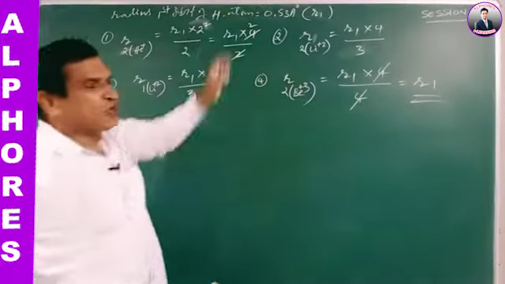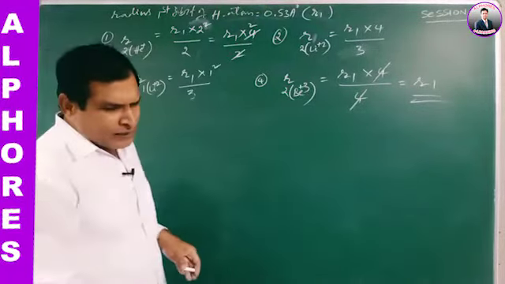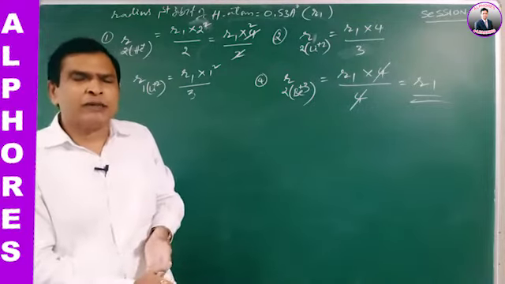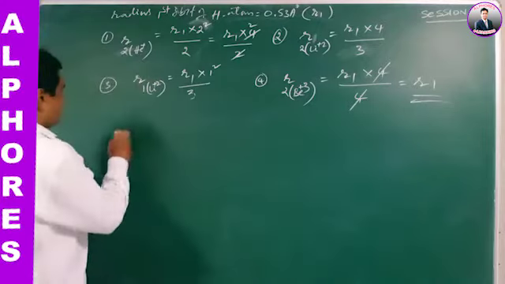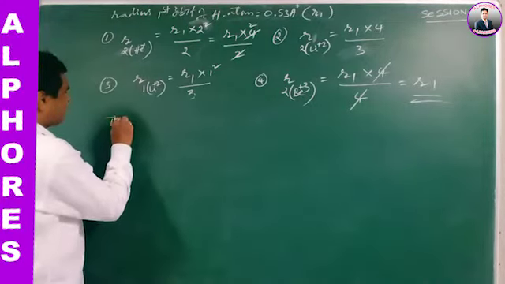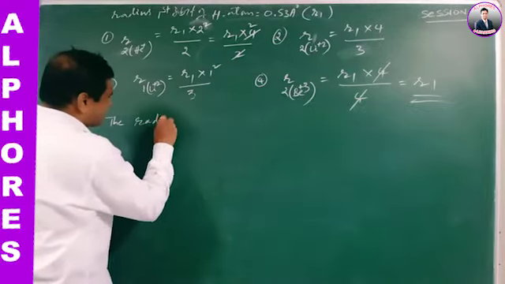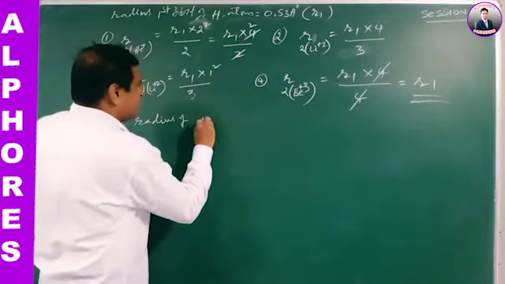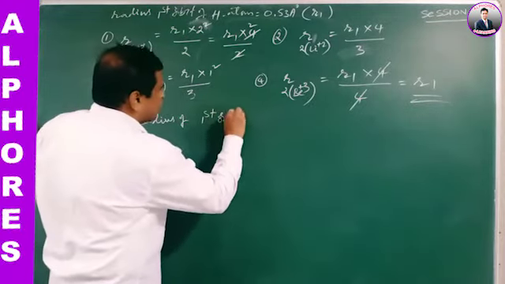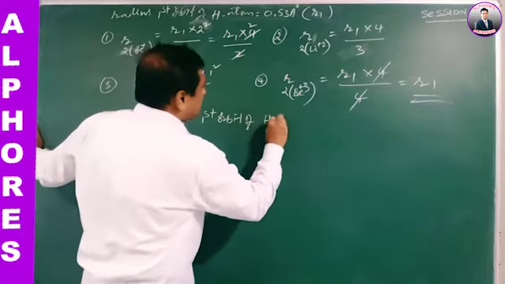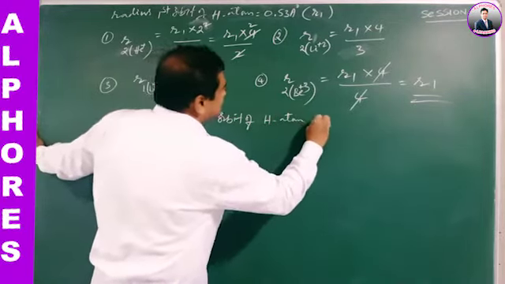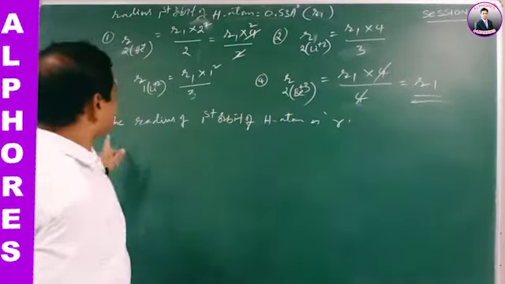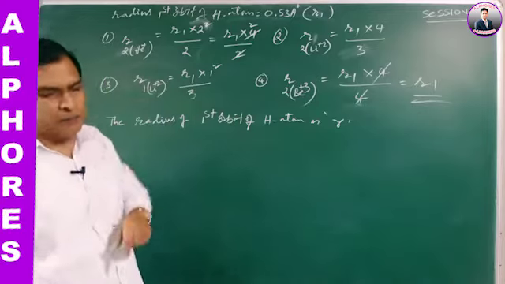Let us prepare a question on the same concept. So the concept is: the radius of the first orbit of hydrogen atom, say it is r. The radius of the first orbit of hydrogen atom is r.